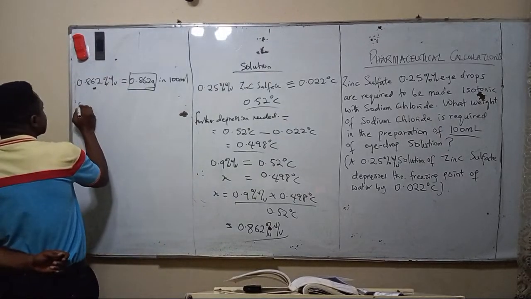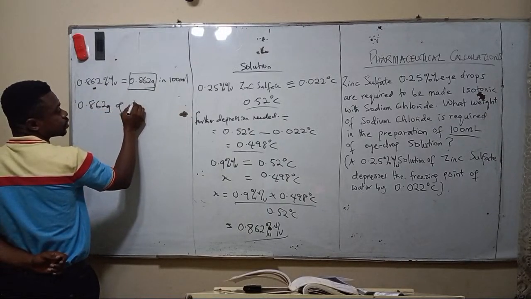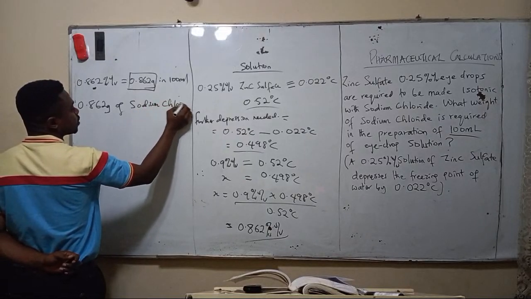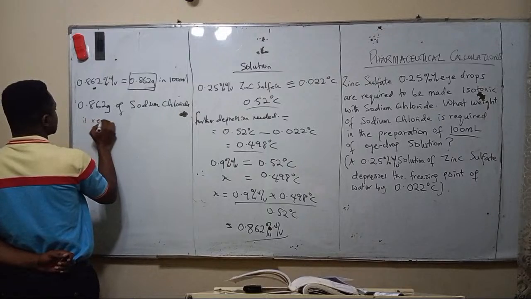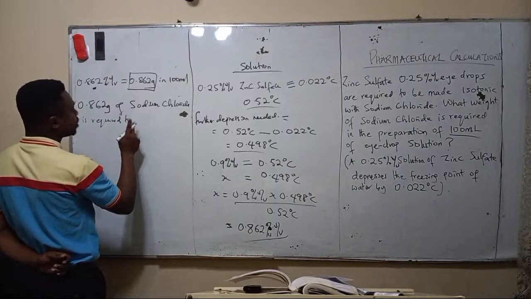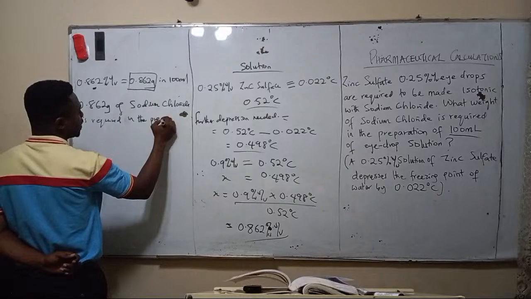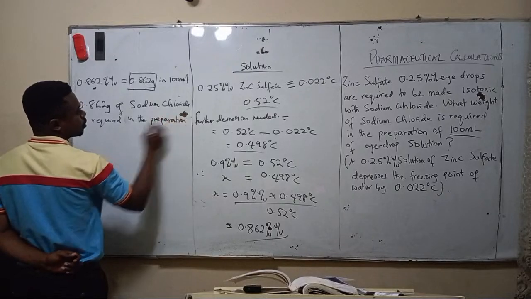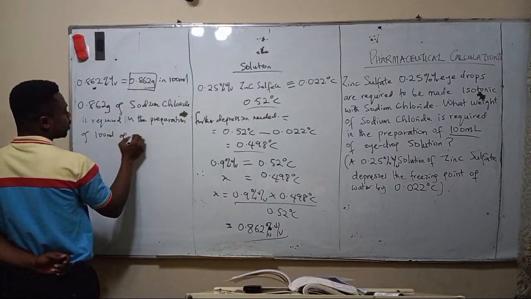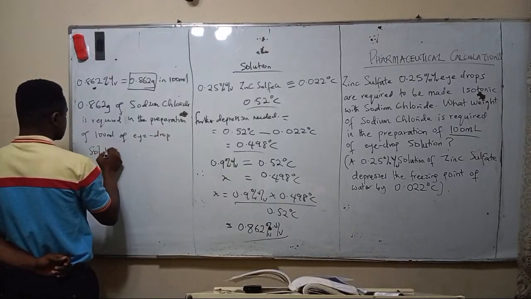So simply say 0.862 gram of sodium chloride is required in the preparation of 100 ml of eye drop solution.